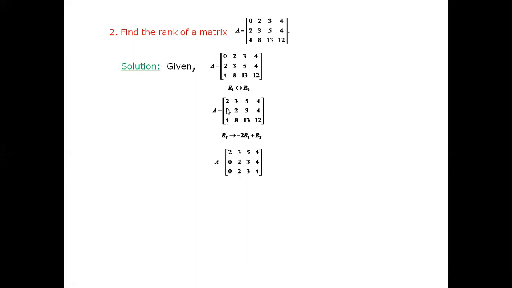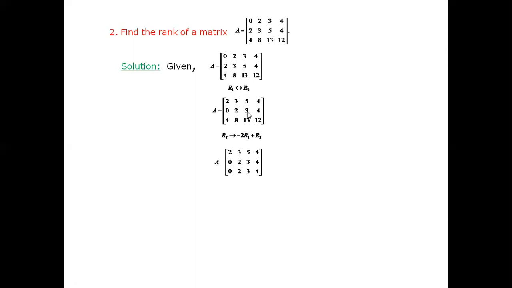So A is equivalent to, see, 2, 3, 5, 4 written as it is. 0, 2, 3, 4. And if you apply this transformation, multiply the first row by minus 2. So here minus 4. Minus 4 plus 4, 0. Second element, 3 into minus 2, minus 6. Minus 6 plus 8, 2.